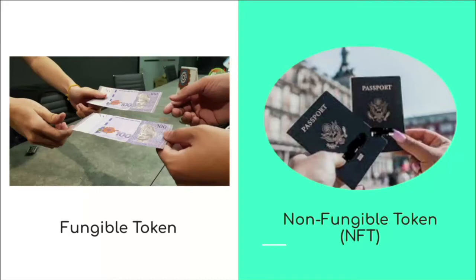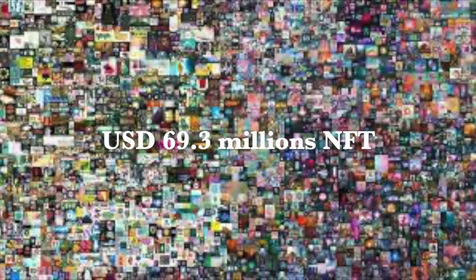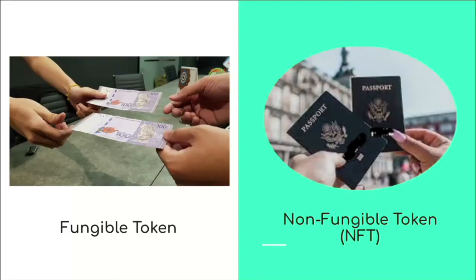And you might have heard about it quite a lot recently, because it made it big to the world, because there was one digital artist who sold his non-fungible token artwork for $69.3 million US. And since then, people have started to look at non-fungible tokens more, and more artists are minting non-fungible tokens on the blockchain.